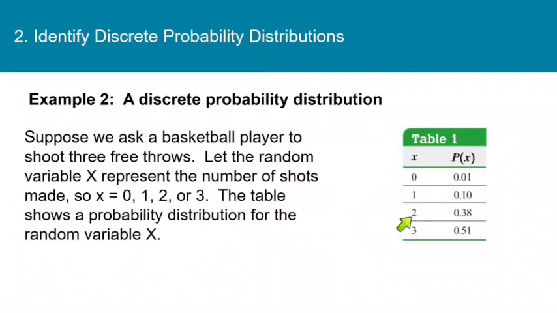The probability that he'll make 2 baskets out of the 3 is 0.38. And the probability that he'll make all 3 baskets is 0.51. So notice that since these are all the possibilities, the probabilities add up to 1, because one of these outcomes is certain to happen if the player throws 3 free throws.